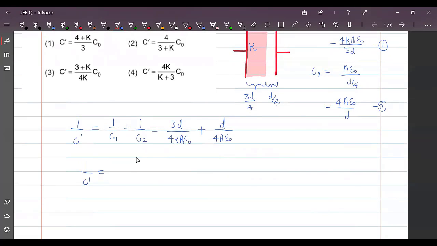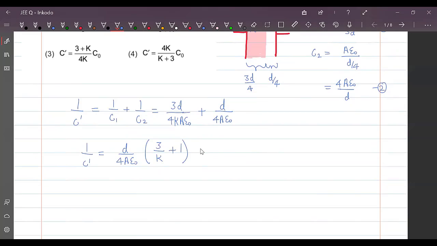I can take a few things common here, that is, D over 4A epsilon naught. That will give me 3 by K plus 1. Solve this a bit and you'll get D by 4A epsilon naught times (3 plus K) by K.